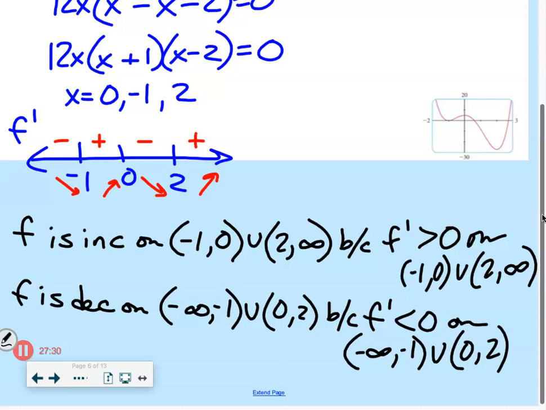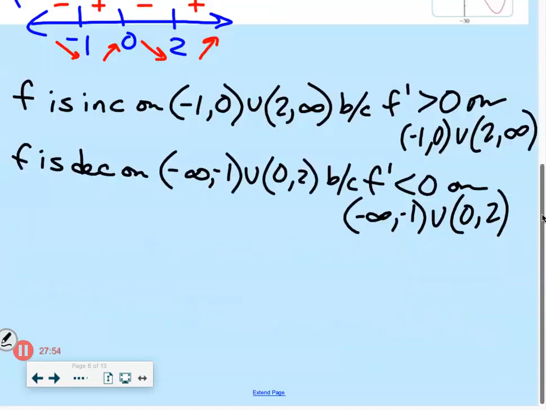The College Board takes no stance on whether or not to include the endpoints, so they accept closed or open. There are times where if you write closed, you'll get it wrong, but you'll never get it wrong if you write open, so I always put open. Always open intervals, and then you'll always be right. All right, let's talk max and min.